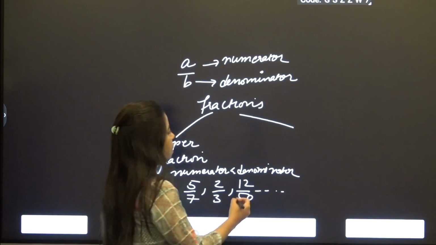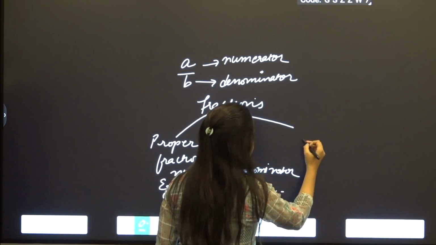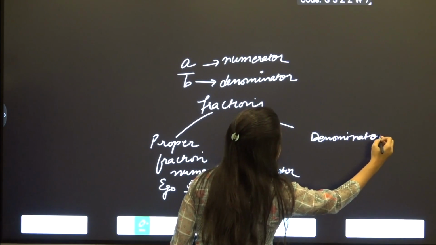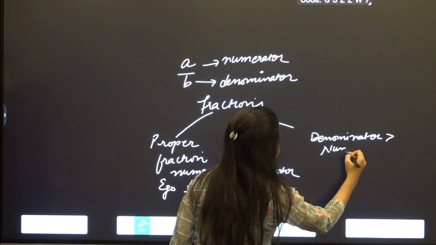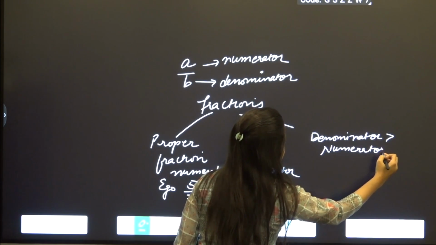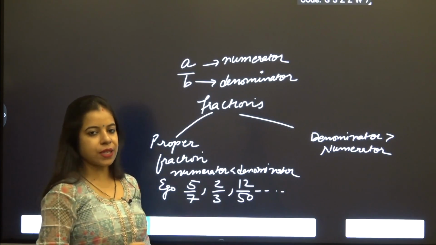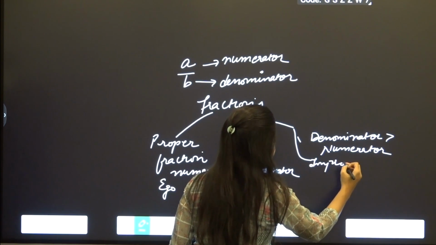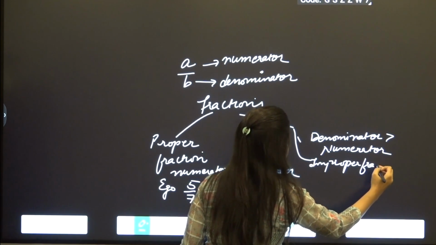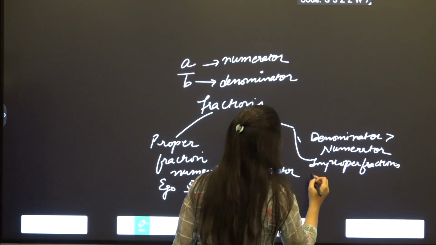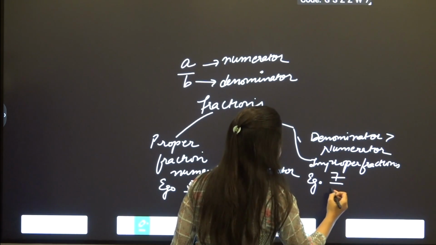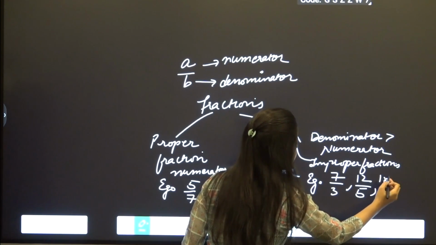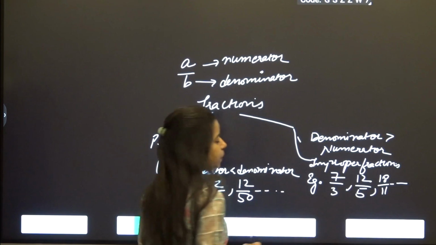Next is when the numerator is more than the denominator. Such fractions are called improper fractions. Say 7 by 3, 12 by 5, 18 by 11, and so on.